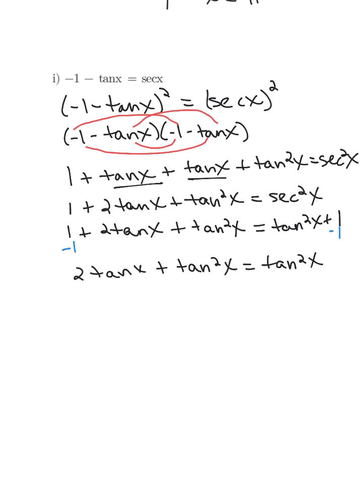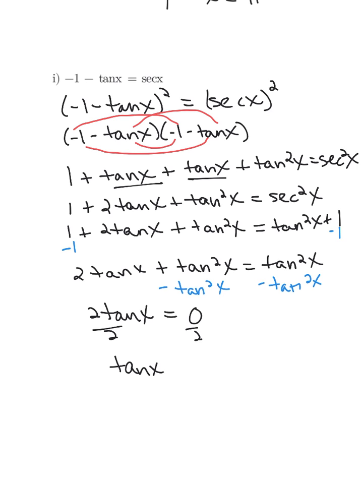Well, now we still don't have it equal to 0, so we are going to subtract tangent squared x on both sides. So now we have 2 times the tangent of x equals 0. Get the tangent function by itself by dividing by 2. So now we have tangent of x equals 0.